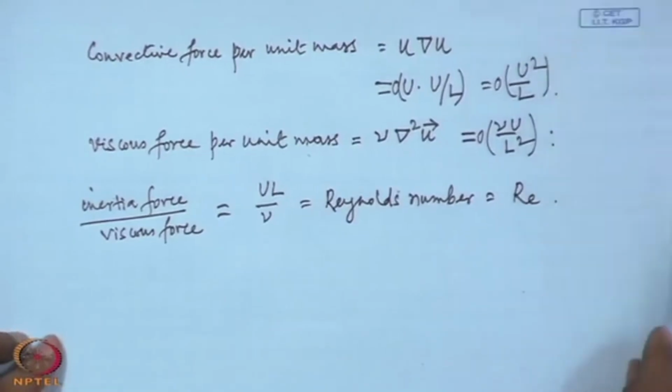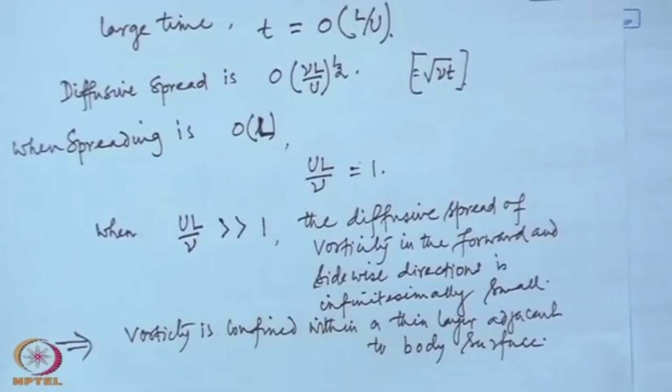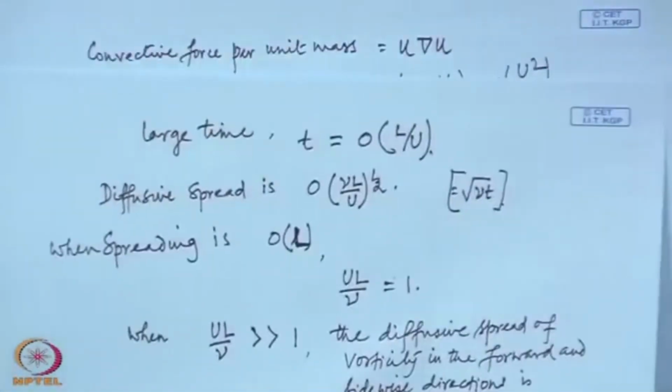And then going back to that earlier condition, if Reynolds number is much larger, we earlier had this condition when u L by nu is much larger than 1, vorticity remains confined within a thin layer. So, u L by nu is Reynolds number.